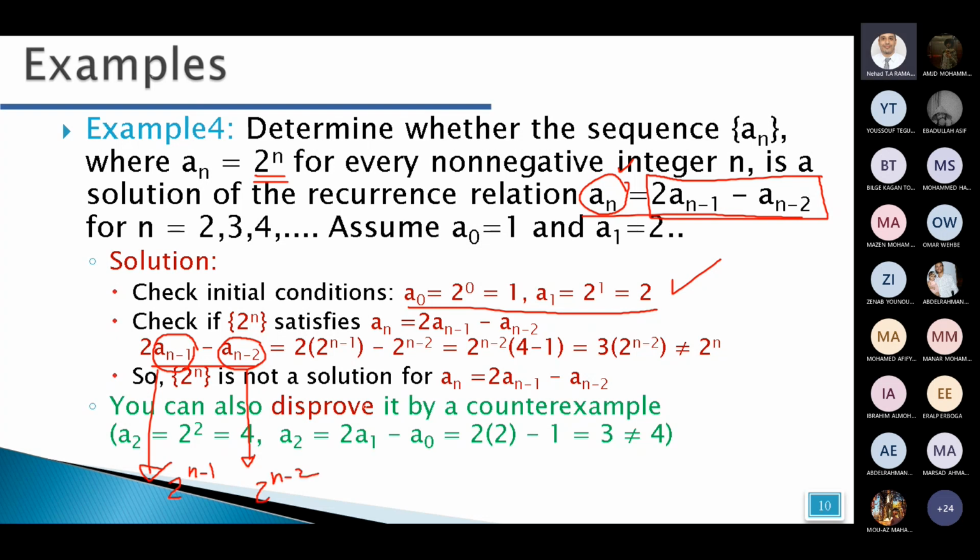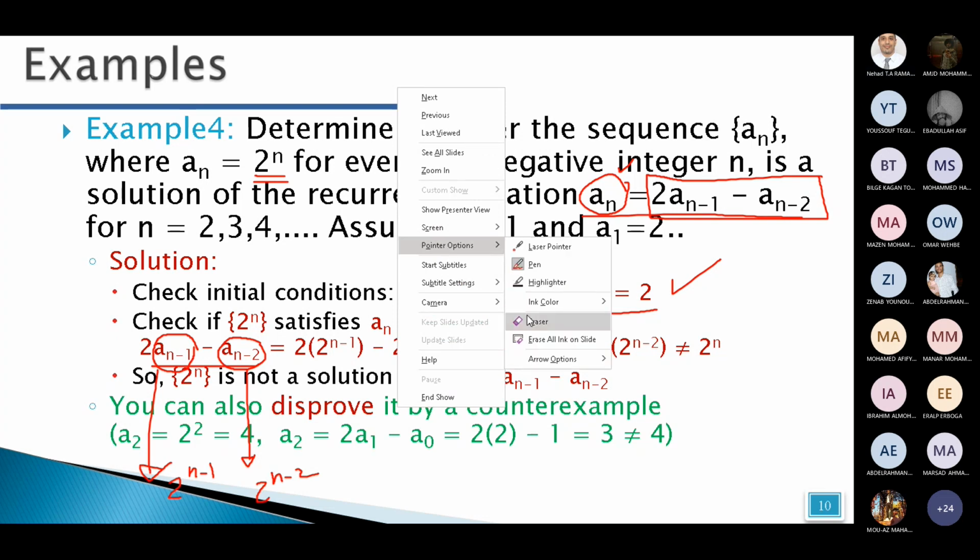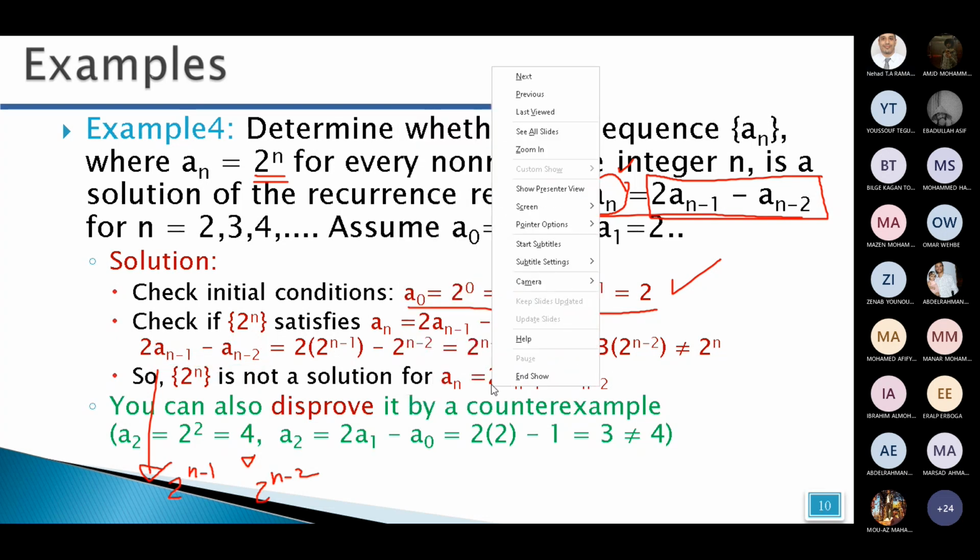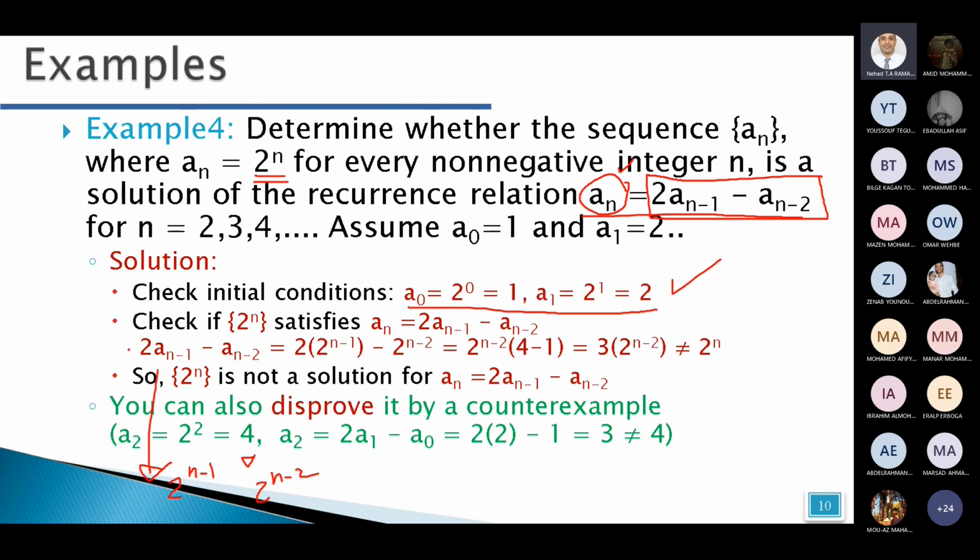So this equals 2 multiplied by an minus 1, which is 2 power n minus 1, minus an minus 2, which is 2 power n minus 2.